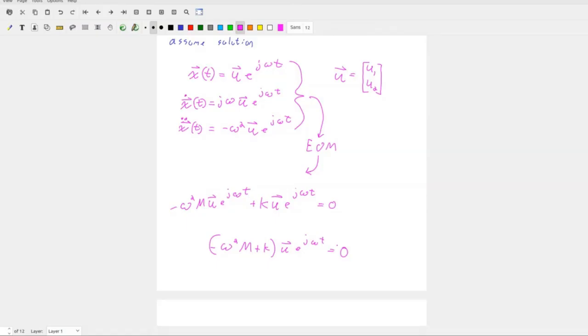All right, we got an issue here. If you were a mathematician, we would say, well, that's easy. You just make u 0, or you make e j omega t 0, and then you have the answer 0, and it solves. Why can't we do that? It's not realistic. It doesn't give us a useful solution. It is a solution. It's called a trivial solution.